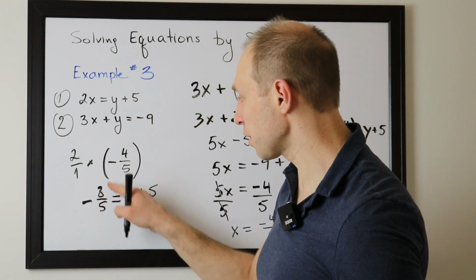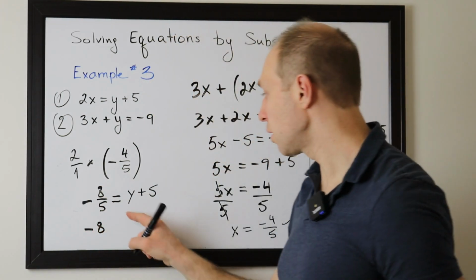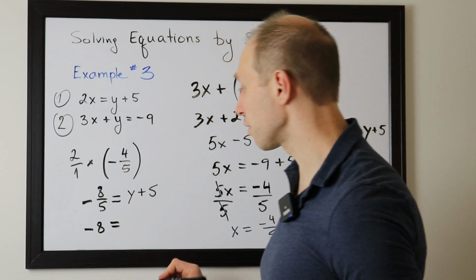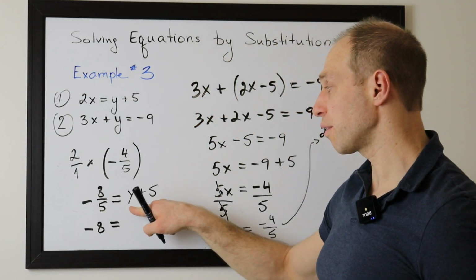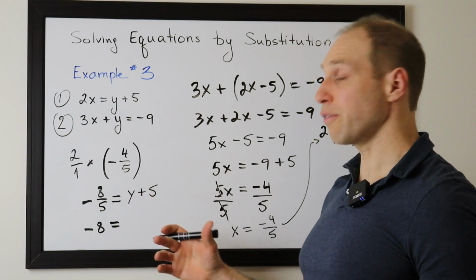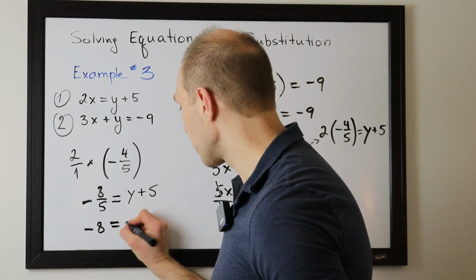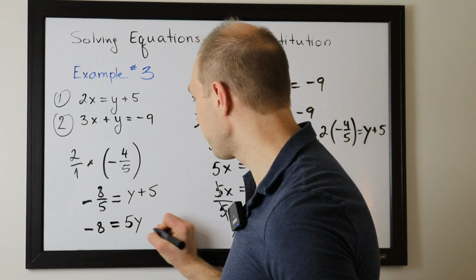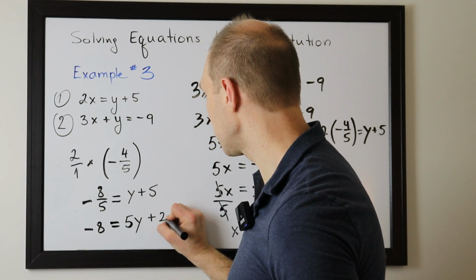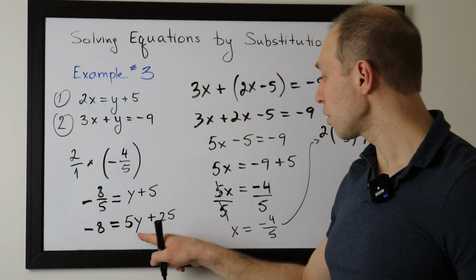When we multiply this by 5, we get negative 8. And when we're multiplying by 5, on the right side, we have to multiply everything that's there, the y as well as the number 5. So we're going to get 5y plus 25.